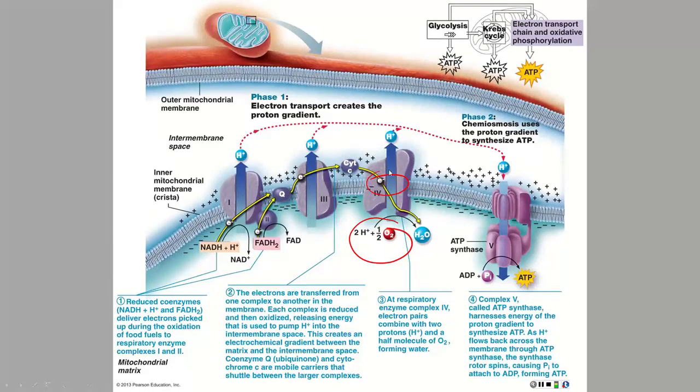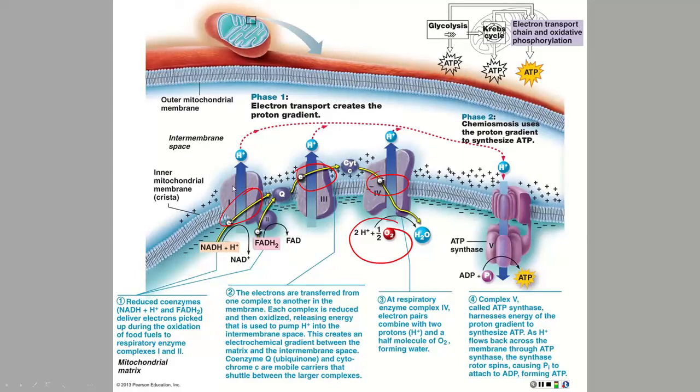And if it is full of electrons, then it's unable to pull electrons from this second protein. And if it can't pull electrons from the second protein, then this second protein gets full and can't pull electrons from the first protein.